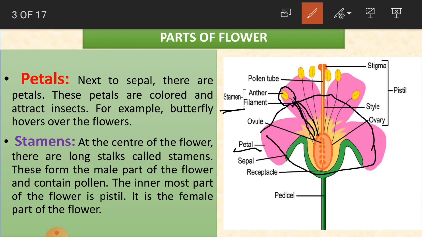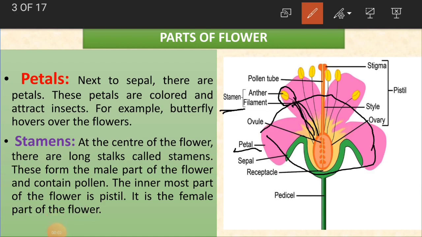These form the male part of the flower and contain pollen. This stamen, what does it do? It contains pollen.